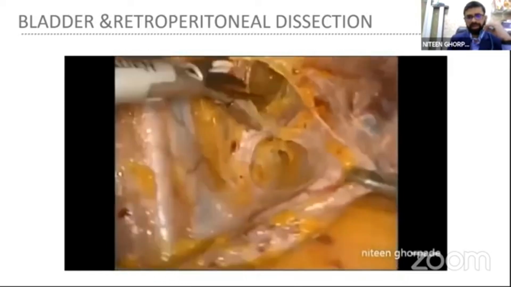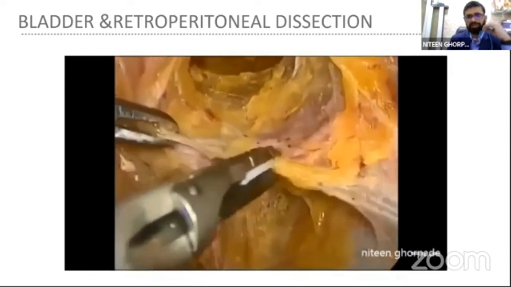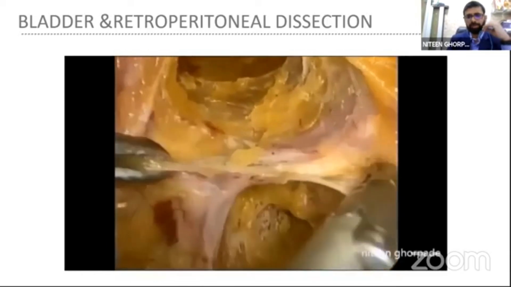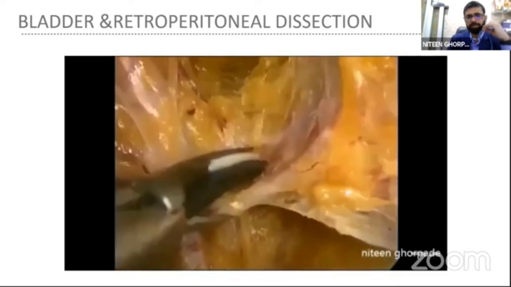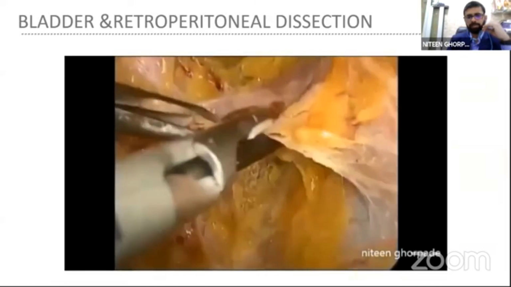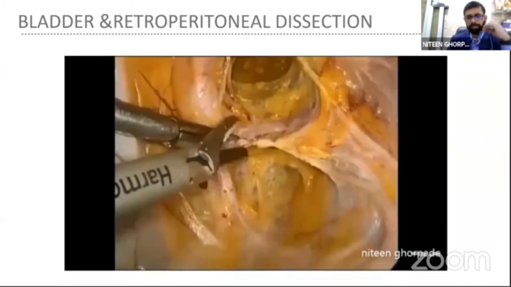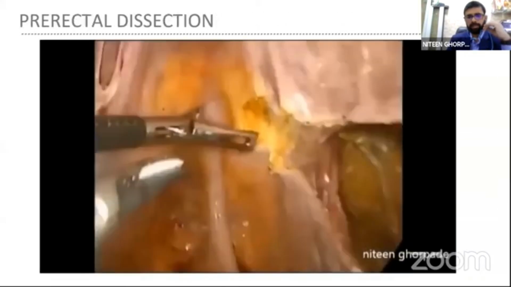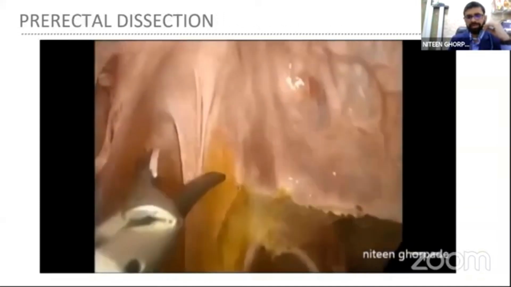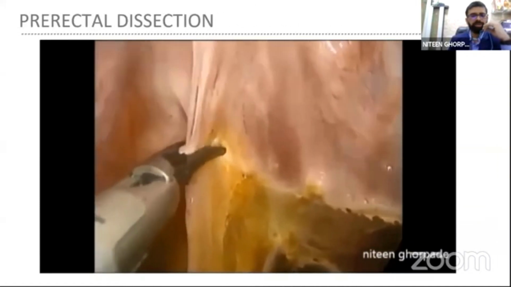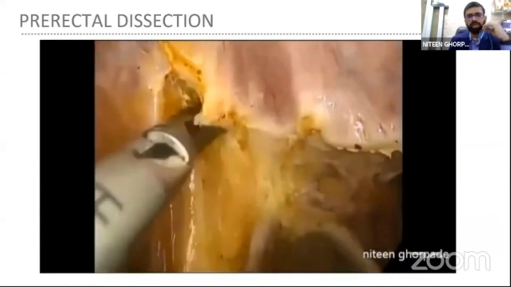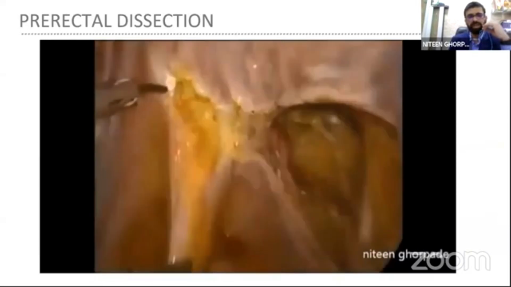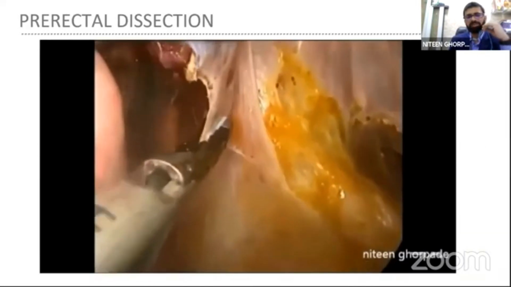Again, by increasing traction, we are cutting the uterine at level 5. So this is the prerectal space. While dissecting the prerectal space, we have to go between two layers of Denonvilliers fascia, and we have to stay above the fat.